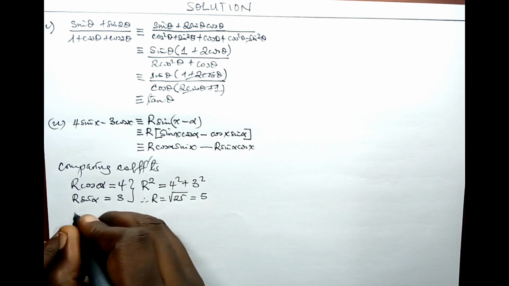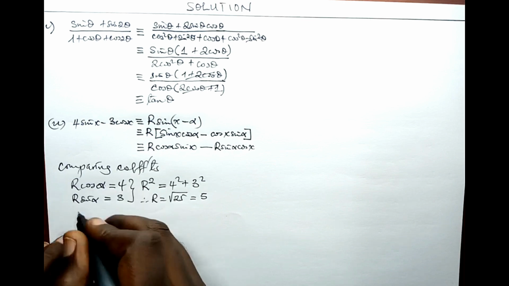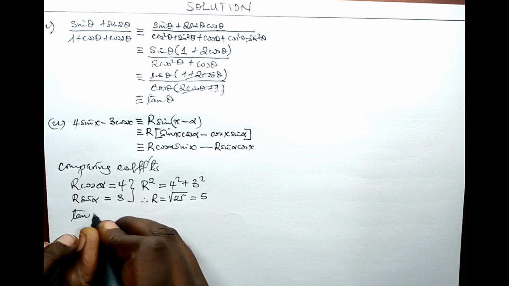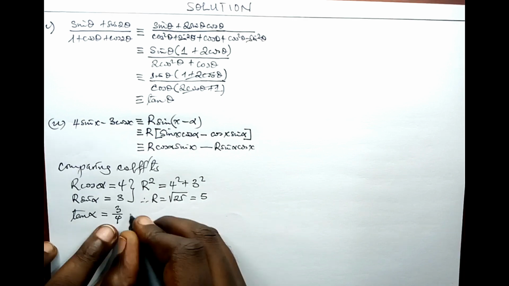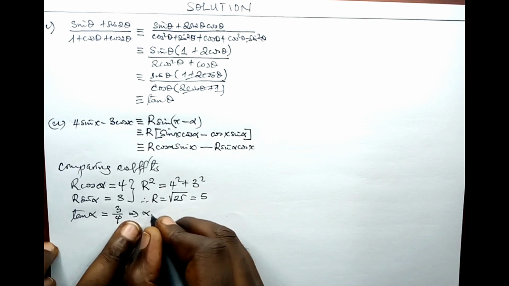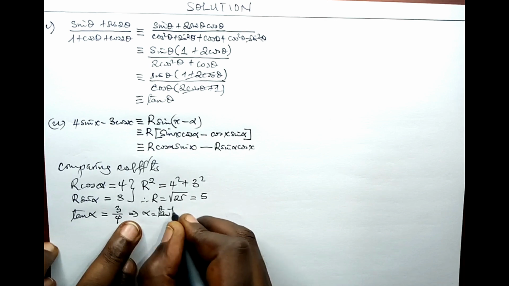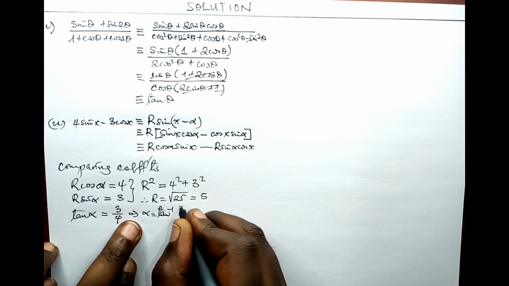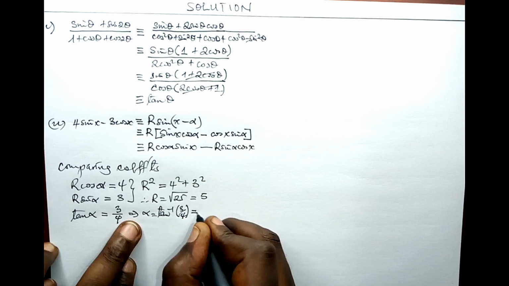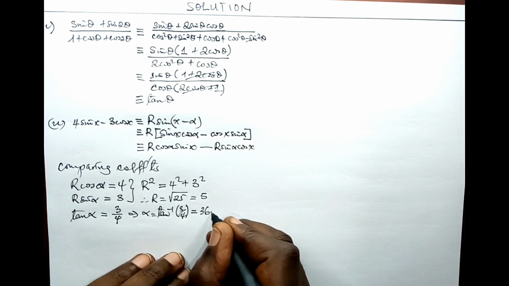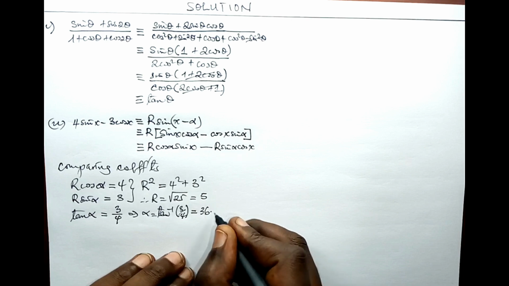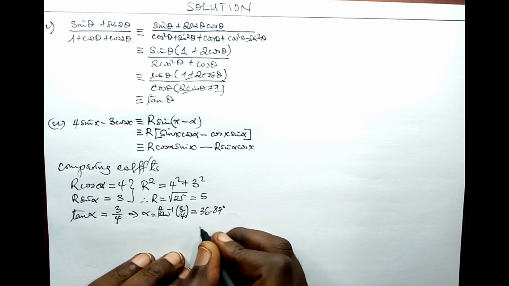Okay, so dividing, we have that tan alpha should be equal to 3 all over 4, and that implies that alpha will be the tan inverse of 3 over 4, and that gives 36.87 degrees.